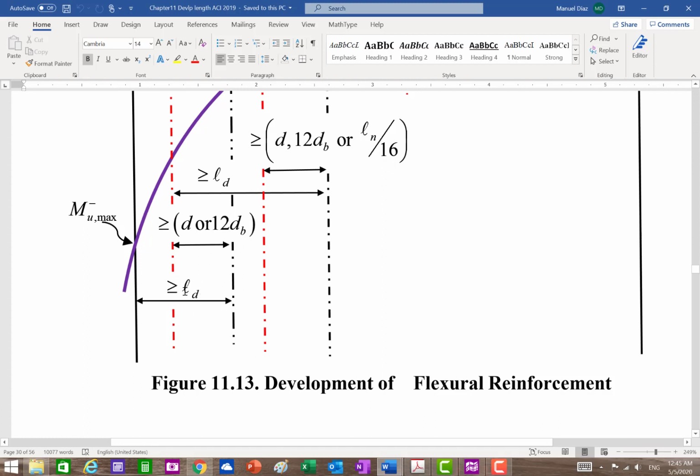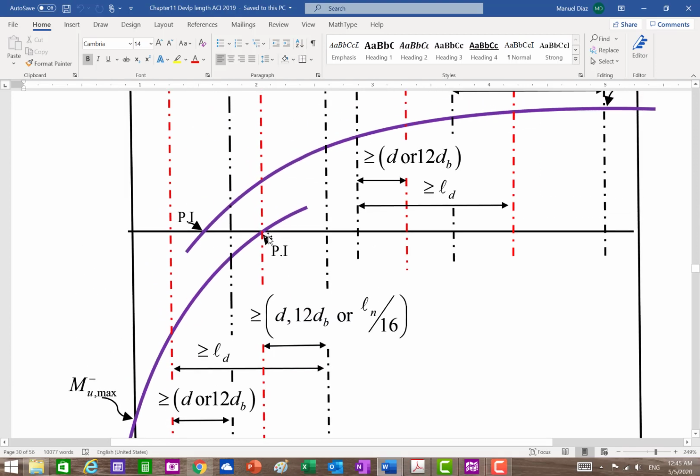Okay, and so that's important. Now, if you cut something past the point of inflection, you need to add the same thing, d or 12d_b, but you need also this ln over 16. And this second group of bars is critical now that your development length also be satisfied from the theoretical cutoff point of the previous bar.